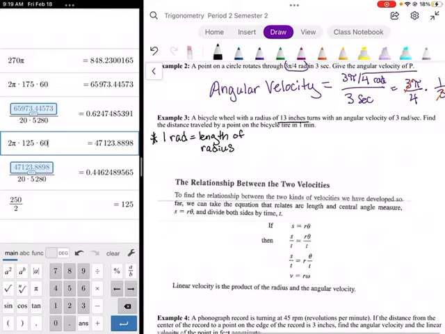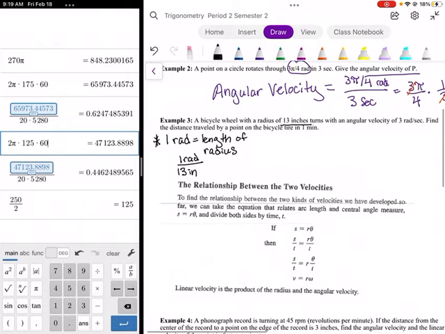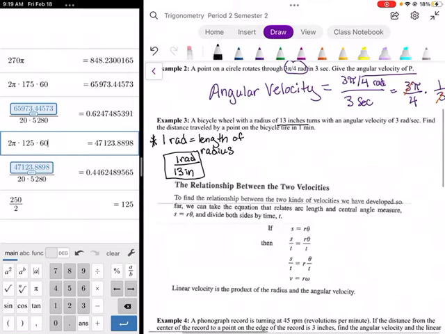So they tell us our radius is 13 inches. So we know that 1 radian over 13 inches is going to be a unit converter. So kind of like how we can multiply by pi over 180 to change to radians. This is the same thing we can do to change our units if needed.